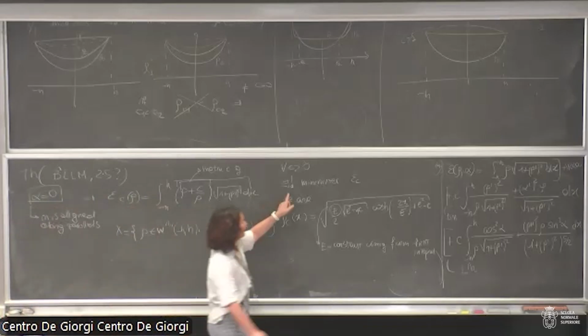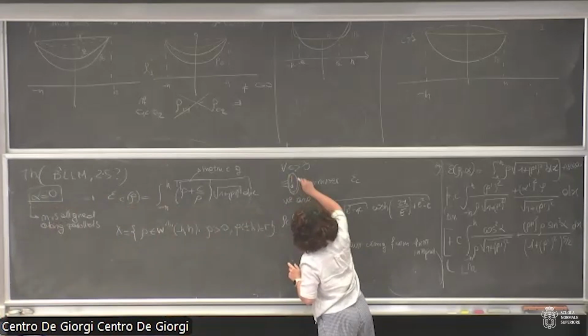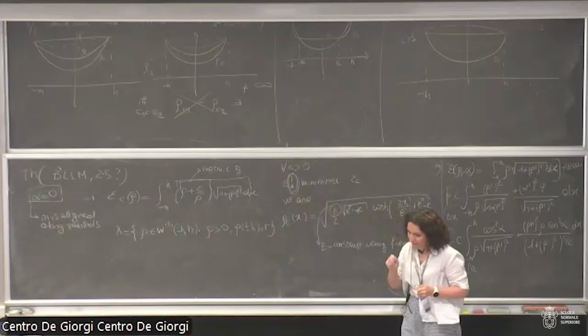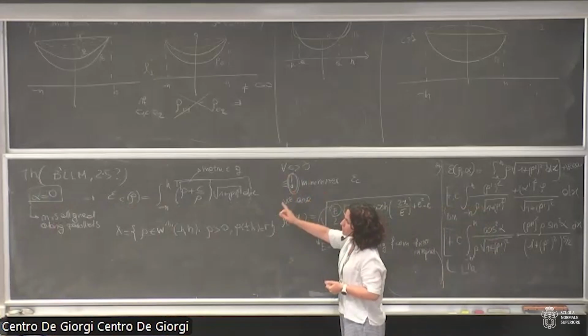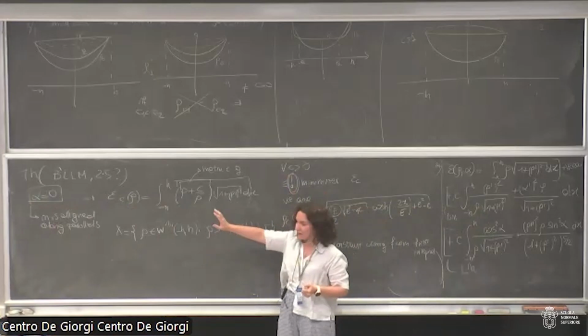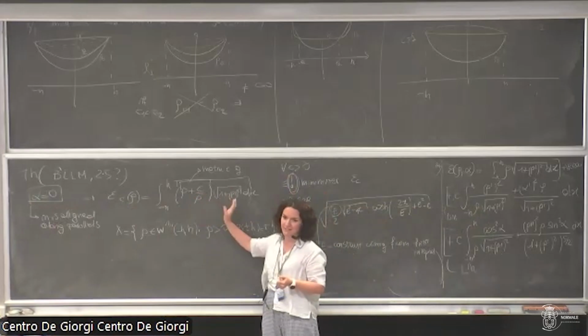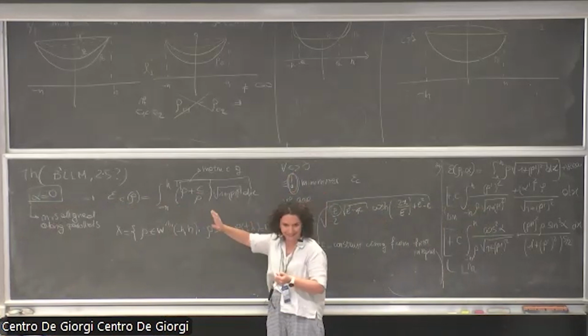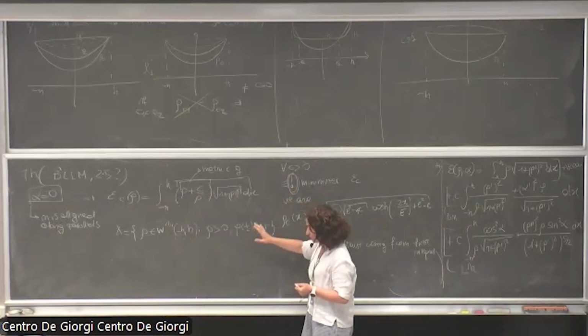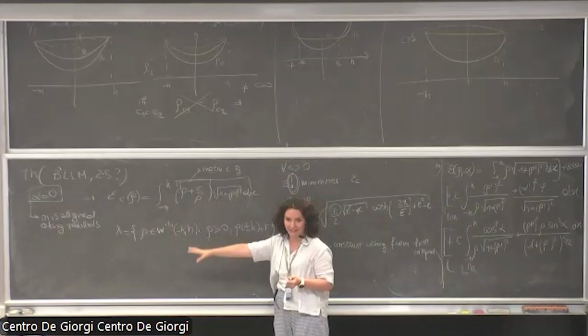The second part is proving that the minimizer is unique. And why is it so difficult? Because, imagine that we are able to prove the existence of a minimizer. It's not completely difficult, but it can be done. And then you derive the Euler-Lagrange equation.